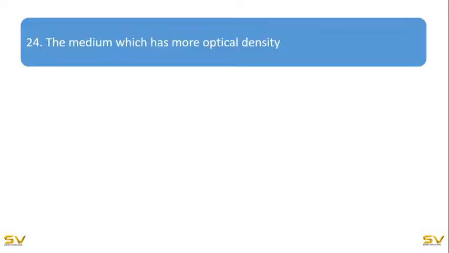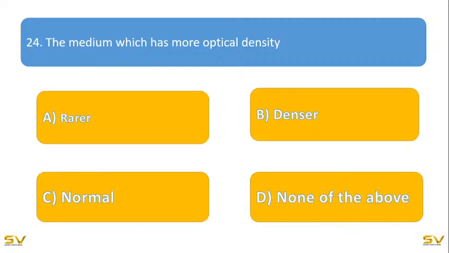Yes, now it's time for the next question. The medium which has more optical density. So density is more in which medium? Rarer medium, denser medium, normal, none of the above. So which medium has more optical density? There is one sentence also there.